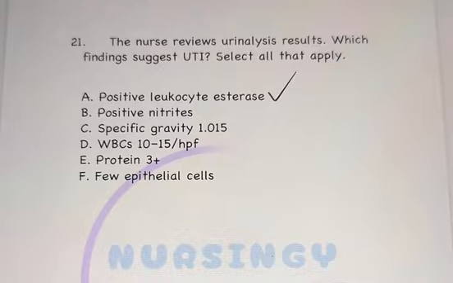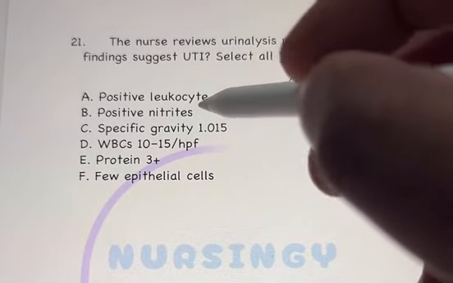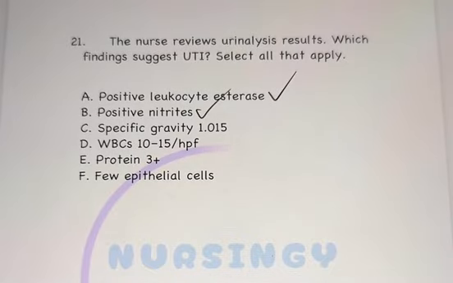So nitrites are produced by bacteria, because bacteria convert nitrates into nitrites. So definitely this will be positive. Okay, it strongly suggests UTI. And what about specific gravity? Is that normal?